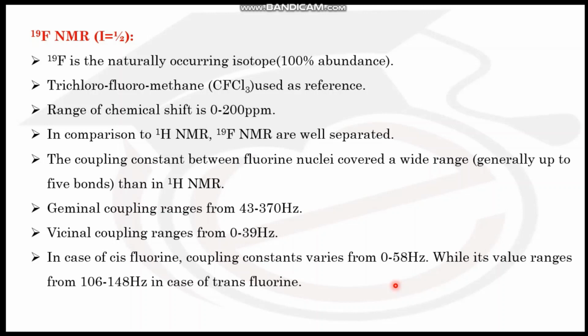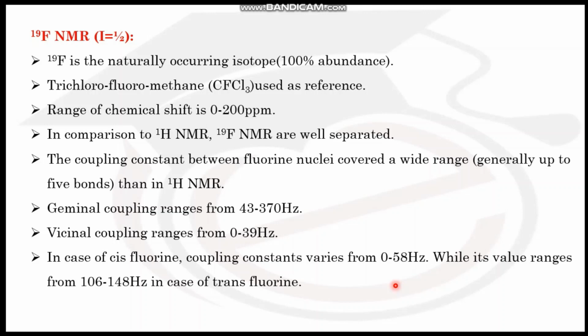For cis the value is less than 60, and for trans it is more than 100. So when we have two isomers, cis and trans, that we have to identify, this will be helpful. For cis the value is small, and for trans the value is high.